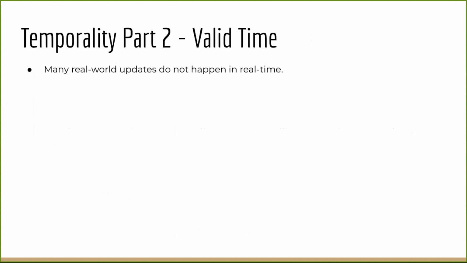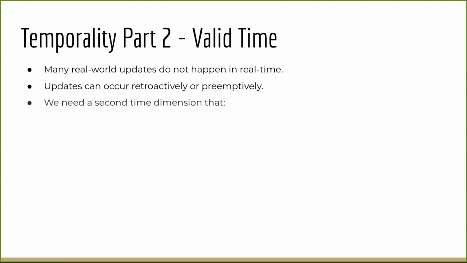So what happens is many real world updates do not happen in real time. As an example, let us say that you are importing certain legacy data from an older system into the newer system. So obviously, in this case, the transaction time is not going to be the same as the business effective date of the data that is being imported from the legacy system. Updates can happen retroactively or in some cases preemptively as well.